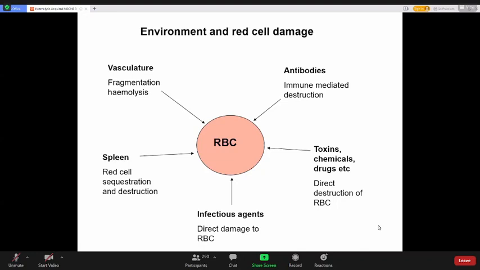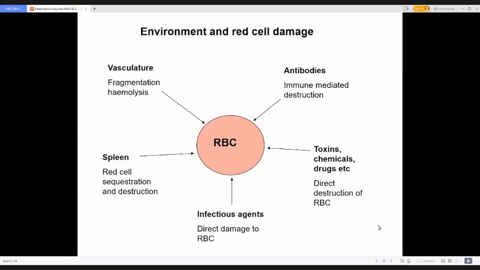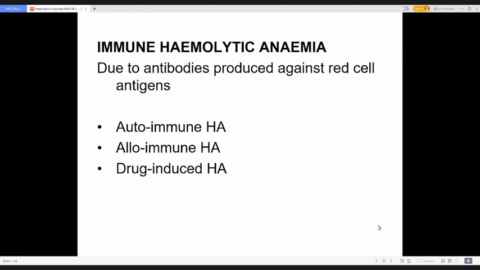So for immune mediated hemolysis, of course, the basis is usually production of antibodies that will destroy the red cell, and then you can have coating of the red cell with antibodies, and of course recognition by the macrophages, and then they are phagocytosed and destroyed. So let's look at immune hemolysis.